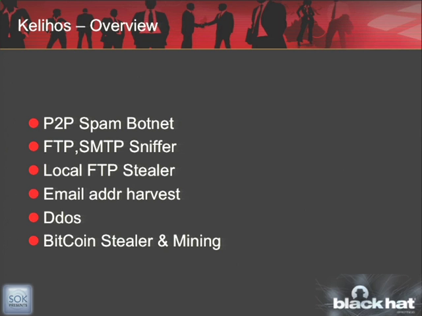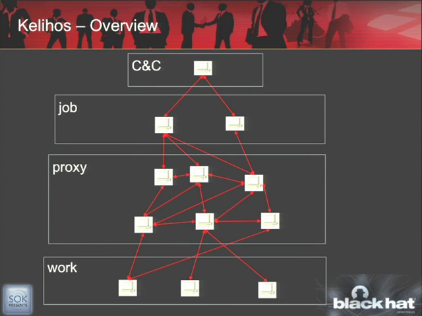Next, let's see the infrastructure of the Kelihos Botnet. Basically, there are two main kinds of computers. One is the job servers and the CNC servers, which are obviously under the botmaster's control. The other is compromised computers, like the proxy nodes and the worker nodes. Among those compromised computers, if the computer has a public IP address, it will become a proxy node.